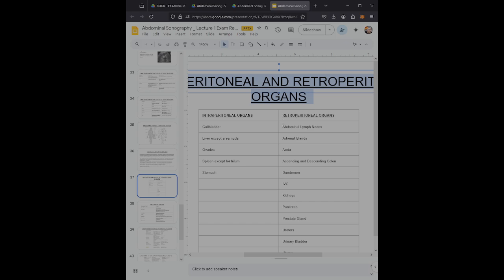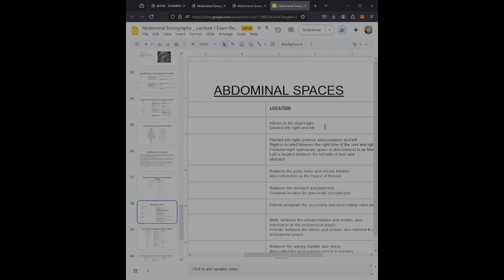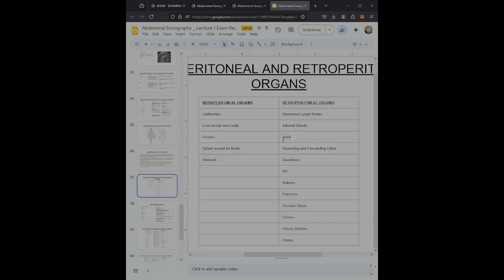Retroperitoneal organs include abdominal lymph nodes, adrenal glands, the aorta, ascending and descending colon, the duodenum, the inferior vena cava, the kidneys, the pancreas, the prostate gland, the ureters, the urinary bladder, and the uterus.